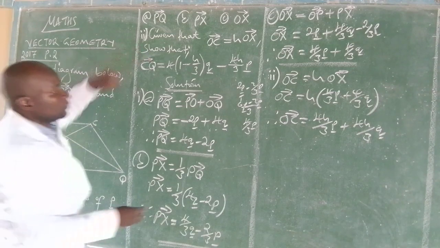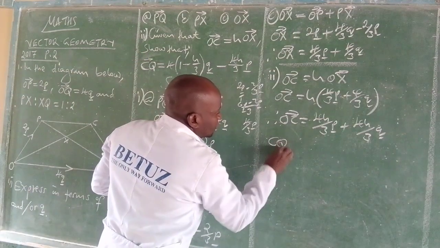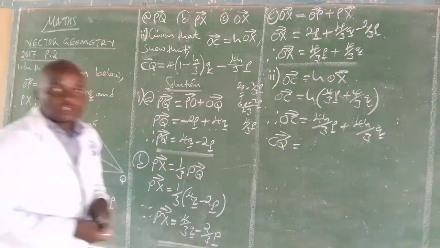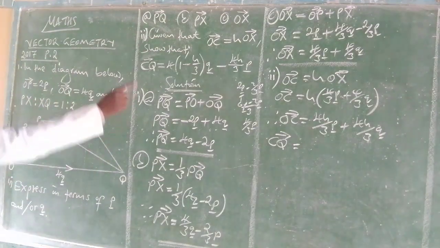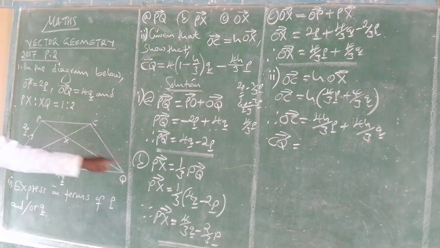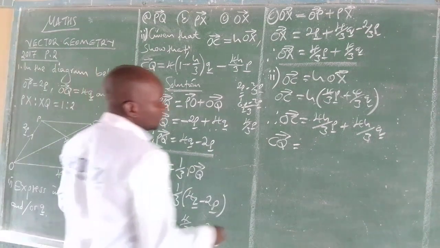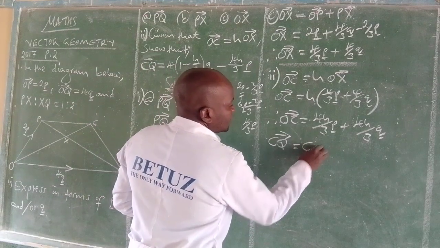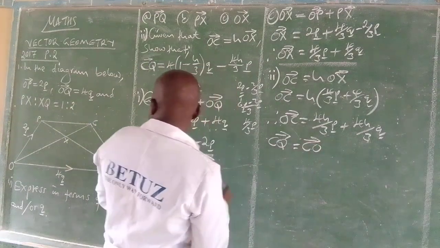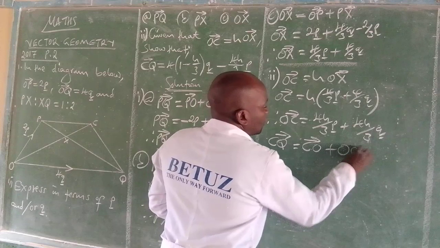To find CQ, it should be found using a route which has OC. From C to Q, we will come to O, then go to Q. So CQ will go to CO, then plus OQ.